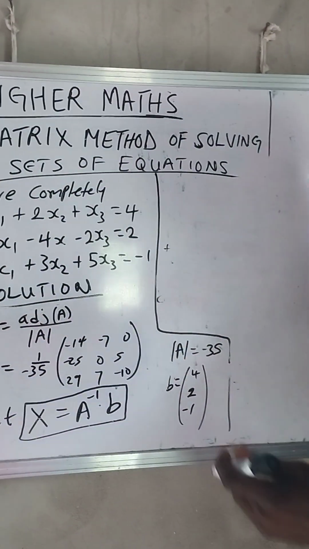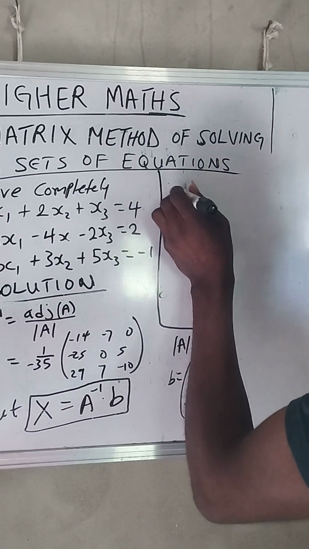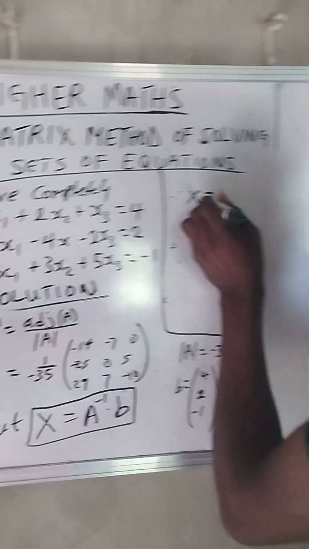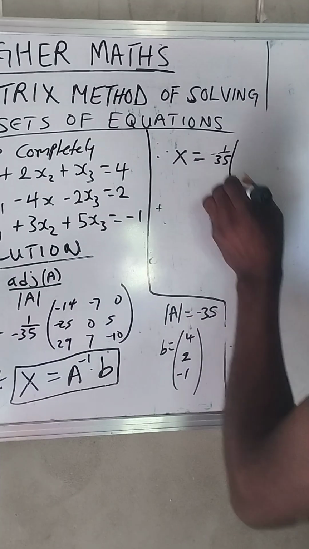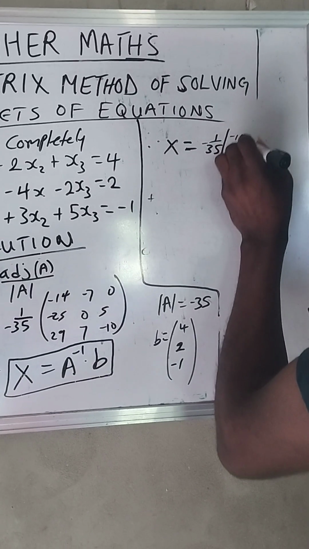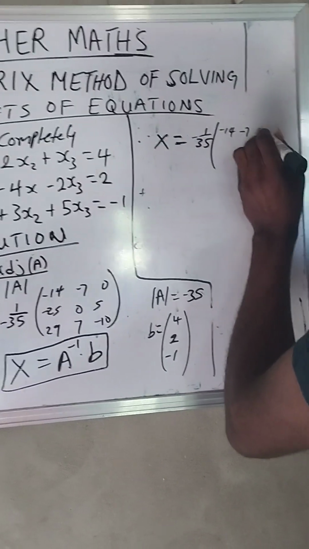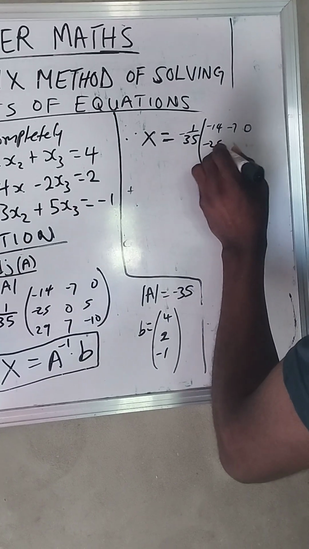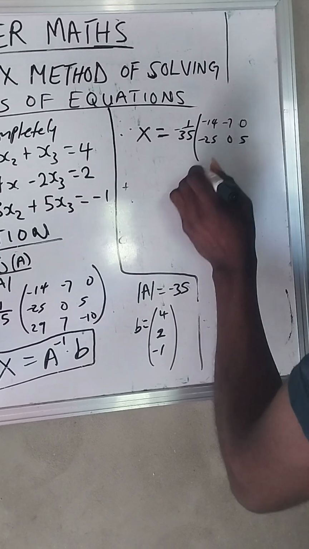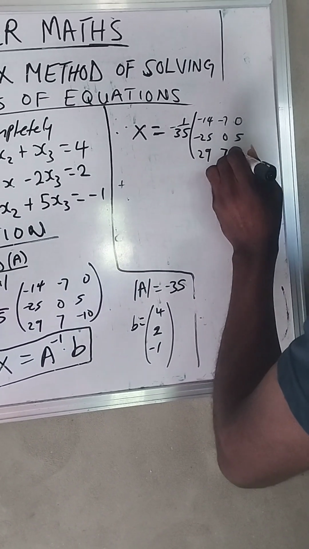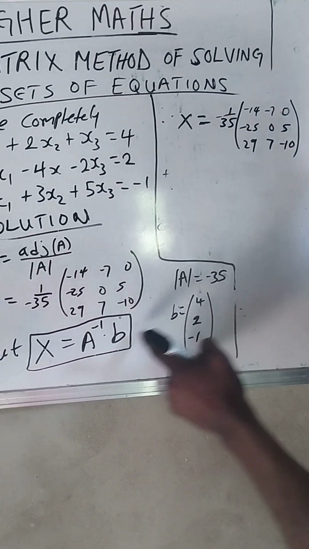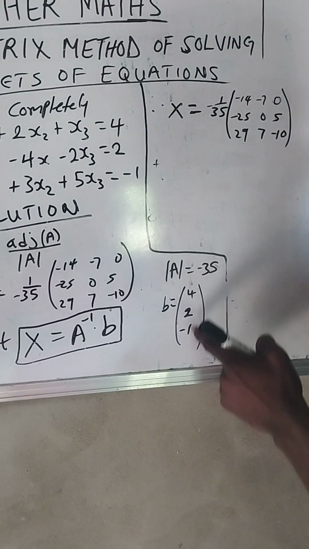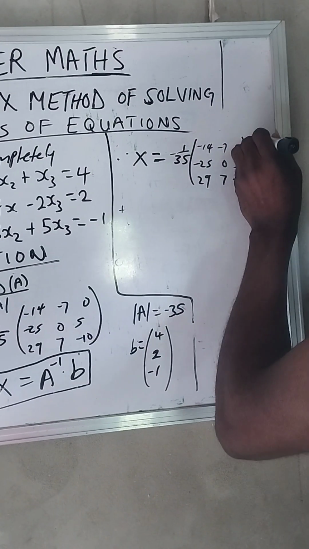So we're going to use it to multiply this. Therefore, x becomes minus 1 over 35, bracket, negative 14, minus 7, 0, minus 25, 0, 5, 29, 7, negative 10, times the value for B, 4, 2, minus 1.